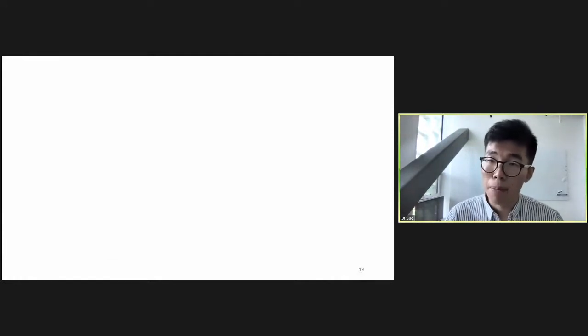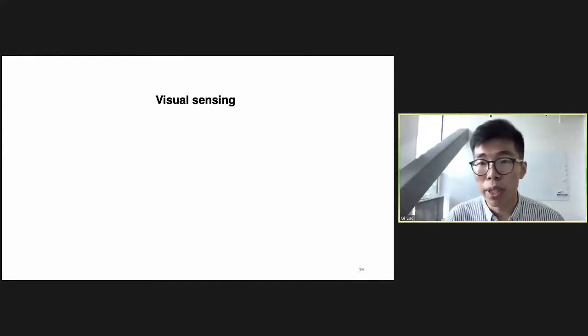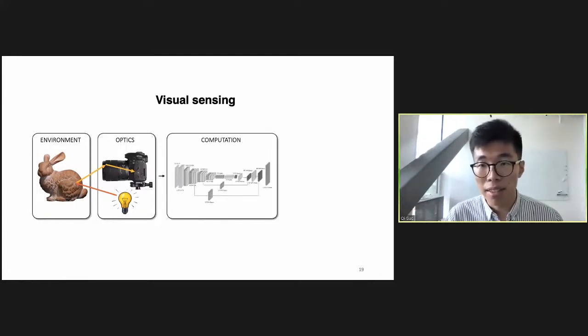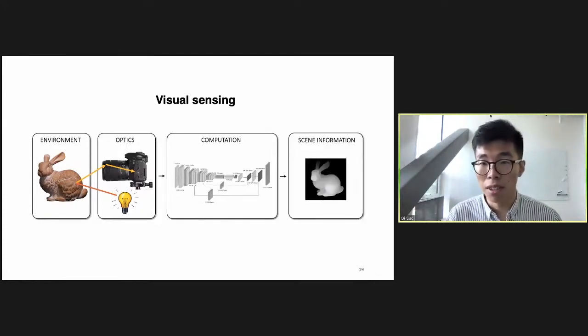What is more, I personally believe that metasurfaces can be widely used for visual sensing. An artificial vision platform usually consists of two parts. The first part includes some optics to transform the light signal from the environment to the digital signal. And the second part has digital computation to recover desired scene information.